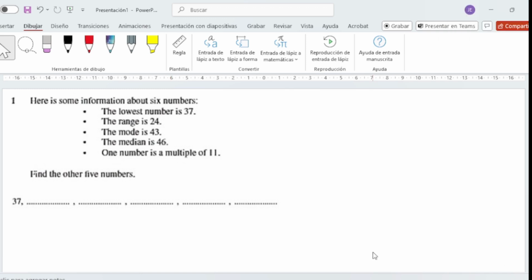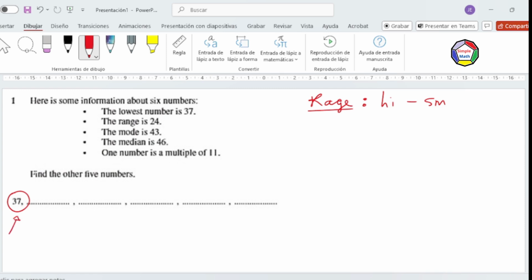As I told you, here is some information about six numbers. The lowest number is 37. We can verify that. The range is 24. Remember what the range is? The range is the biggest or highest minus the smallest. So if the smallest is 37, we need to find the biggest number of this distribution.